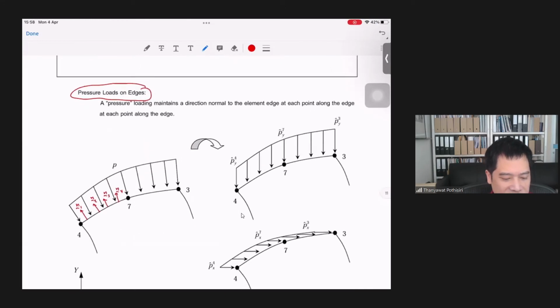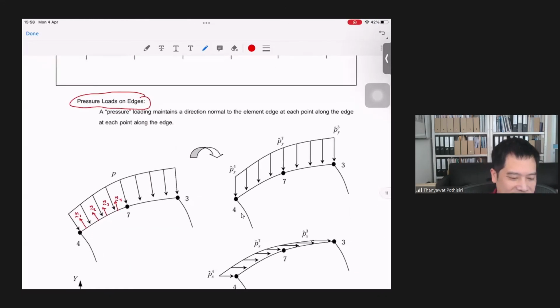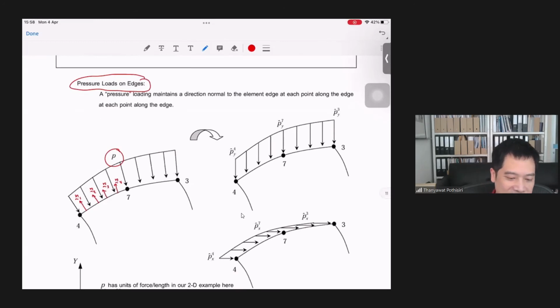Okay. So once you have this unit normal vector n, what you can do is convert this pressure load to P acting in y direction and P acting in x direction, right? How do you do that?